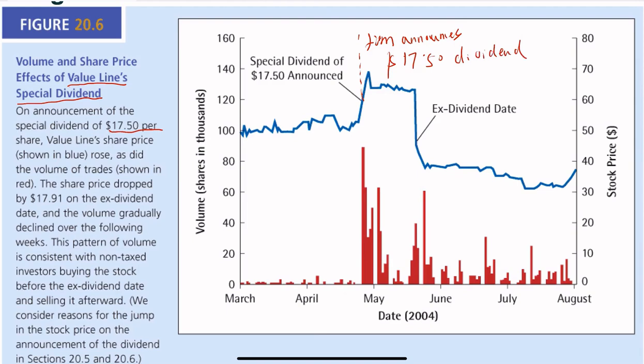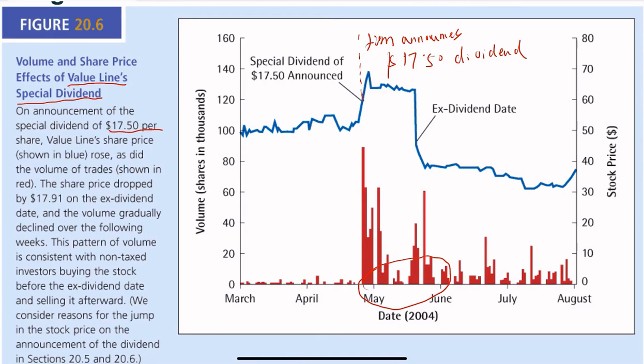And after the firm says it wants to pay this $17.50 large dividend, you can see that the transaction volume through May was generally very high, right?